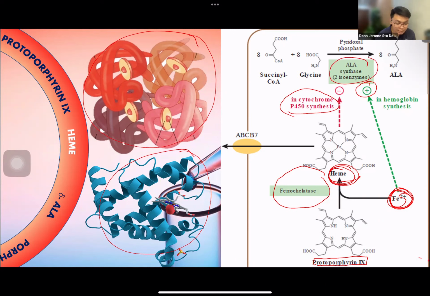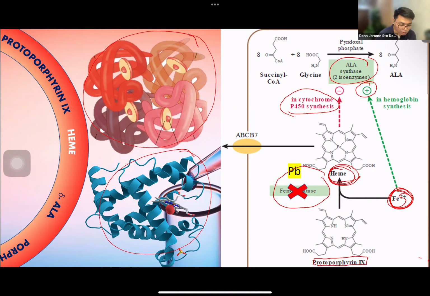Okay, what else? Ferrochelatase, just like your ALA dehydratase, is a zinc-requiring enzyme that is inhibited by presence of lead. Okay, so when you're asked in the exam, what are the enzymes in the heme synthetic pathway that is inhibited by lead? Sagot, ALA dehydratase and your ferrochelatase.